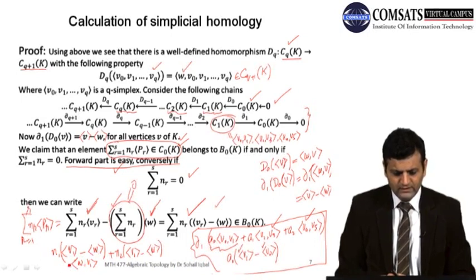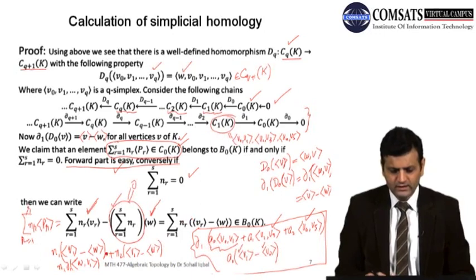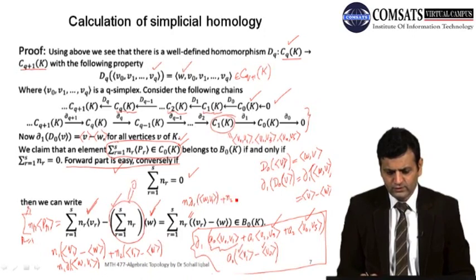So basically this is equal to partial 1 of this element, so n1 partial 1 of this element. Okay, so basically this is equal to n1 partial 1 of W V1 plus n2 partial 1 of W V2 up to and so on.